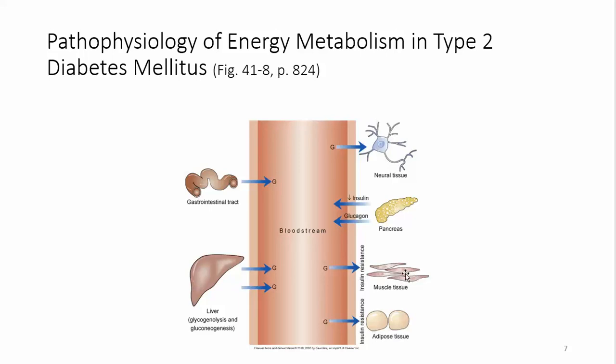So what we get is glucose coming in from food, glucose being made by glycogenolysis and gluconeogenesis, some glucagon, a little bit of insulin, glucose going into the neural tissue, a little bit of glucose going into the muscle tissue, and some glucose going into adipose tissue to be stored as fat.